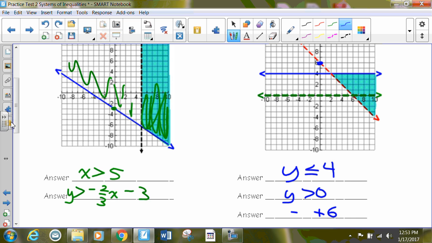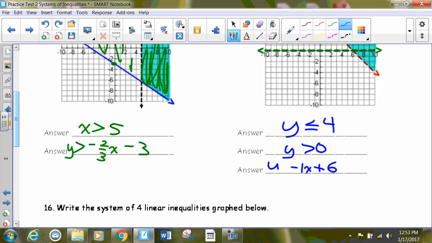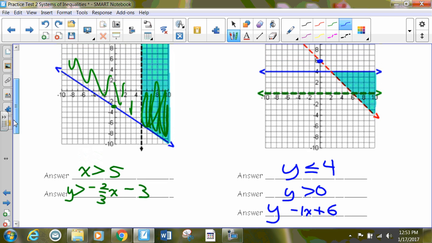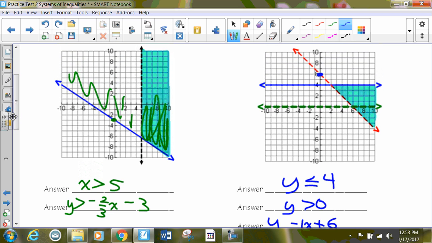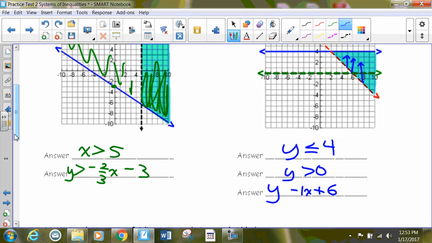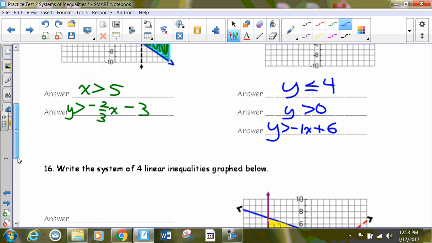My slope is -1x. I could have written just -x. I'm just writing that -1 too. And I know I have a y at the beginning, and then I see that my line is dotted and that the shading is above my line. Can you see that? And if the shading is above the line, that means greater than. There's no solid line because that line is dotted.